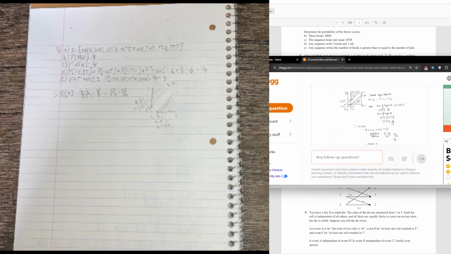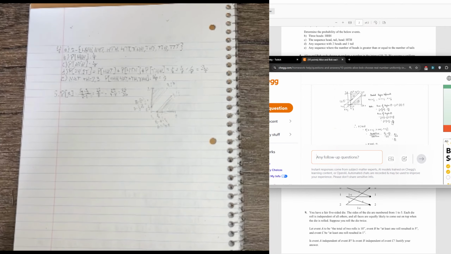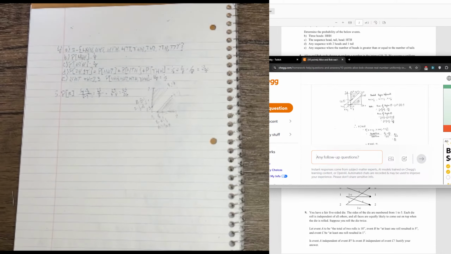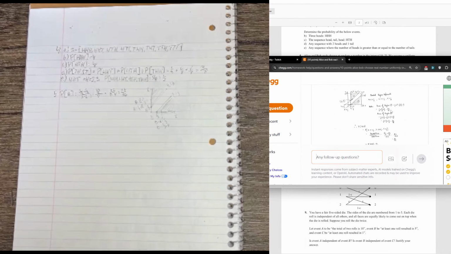For the area of region 1, 2 minus 1 over 3, which is fine. And then 5 over 3 minus 0, which is fine. And then 1 divided by 2, which is fine. And then how is the second region not the same?